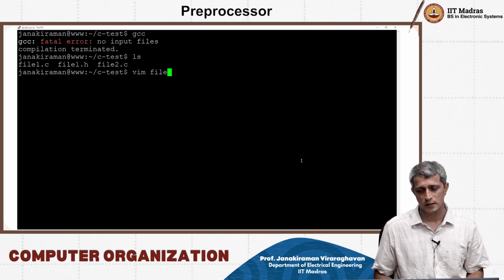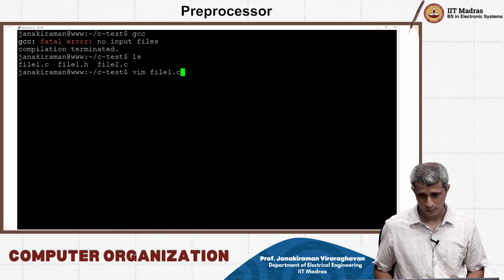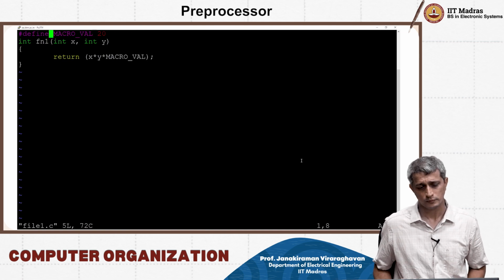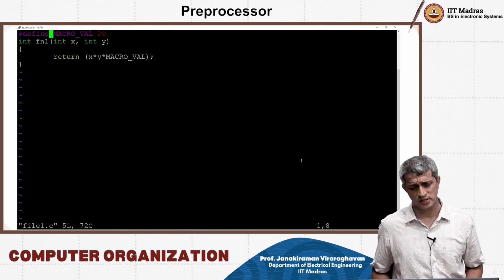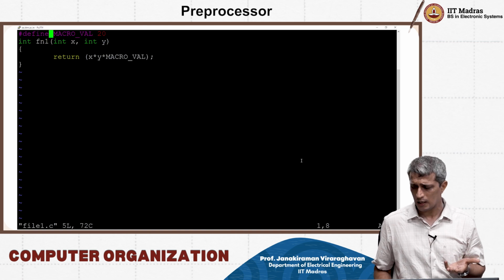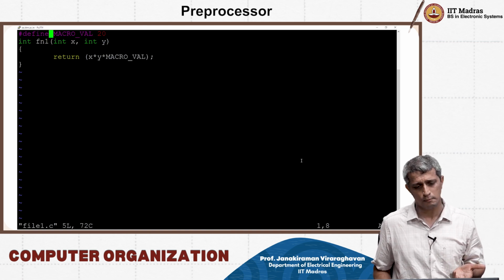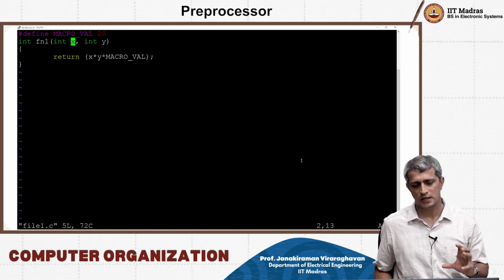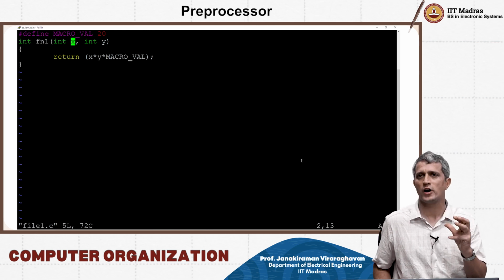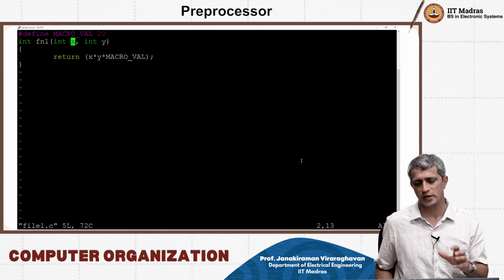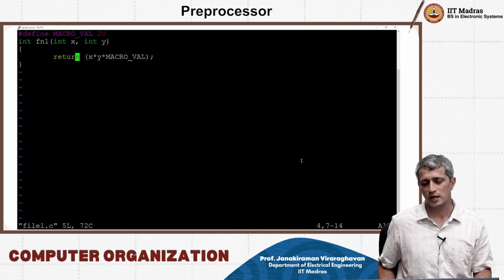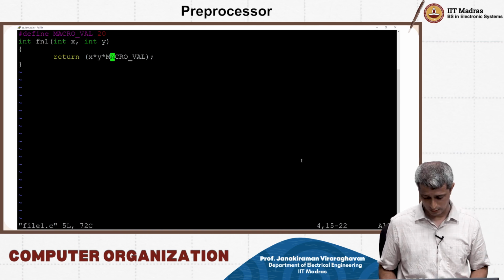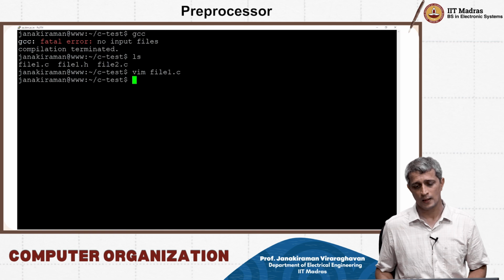Now let's look at file1.c. It seems to be a very simple file. It has a macro defined, MACRO_VAL 20. Then it has a definition of a function fn1 taking two integers, and it returns x times y times MACRO_VAL. That's all this function is doing.